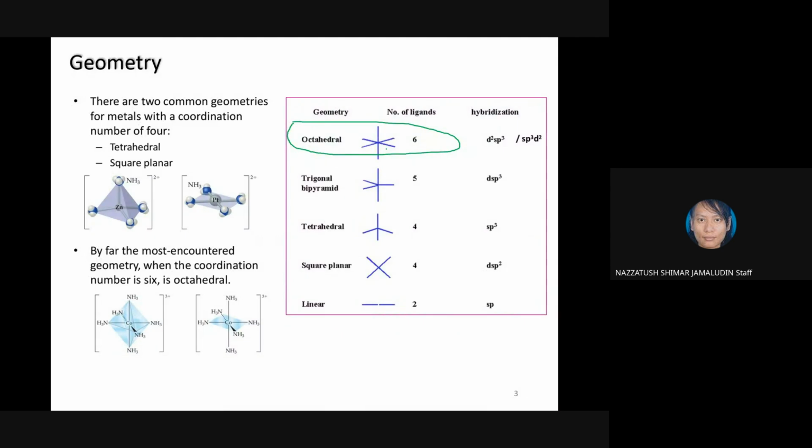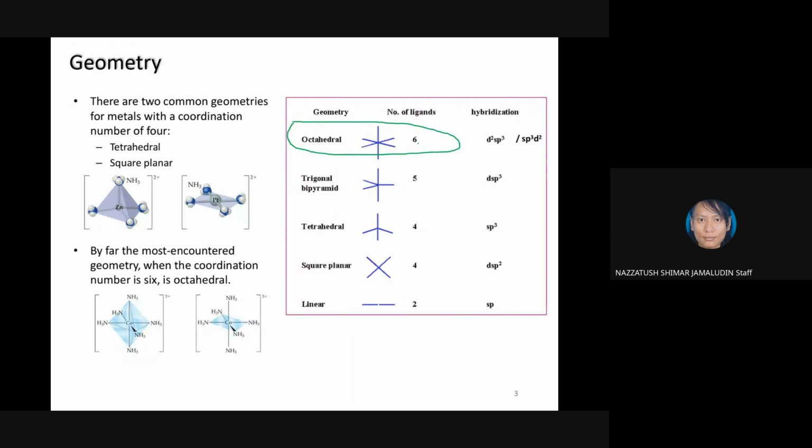What if the ligand is acetylacetone, like we discussed previously? Acetylacetone itself is just one ligand having 2 donor atoms. So that will make the coordination number 6 if there are 3 acetylacetone ligands.